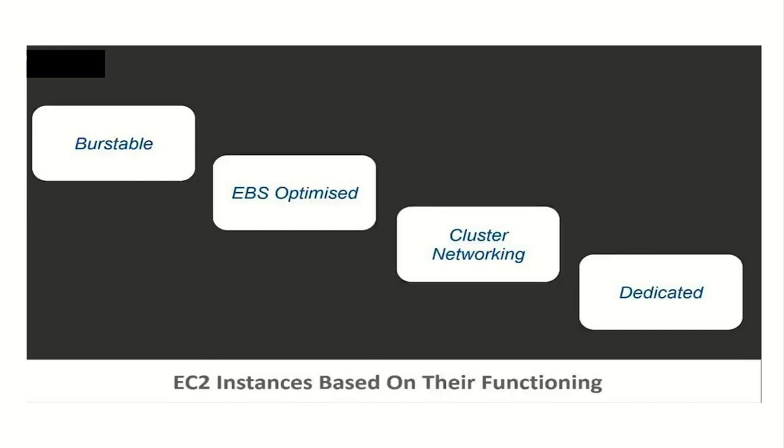So when I say burstable instance, we have talked about general purpose instances, right? That is a general category, but these instances start with a base utilization power available to us.